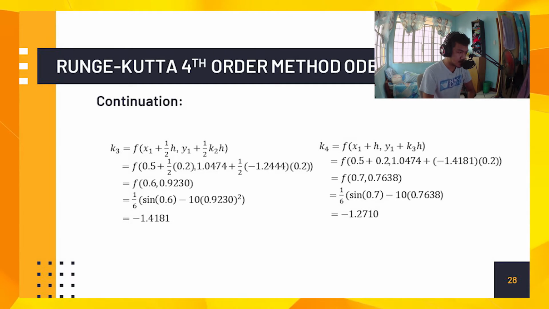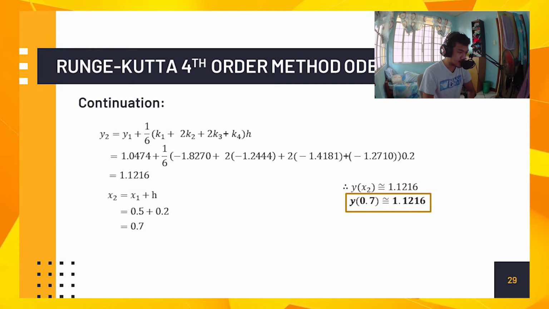1.2710. And lastly, we will have y sub 2 is equal to y sub 1 plus 1 over 6 times the quantity of k sub 1 plus 2k sub 2 plus 2k sub 3 plus k sub 4 times h.